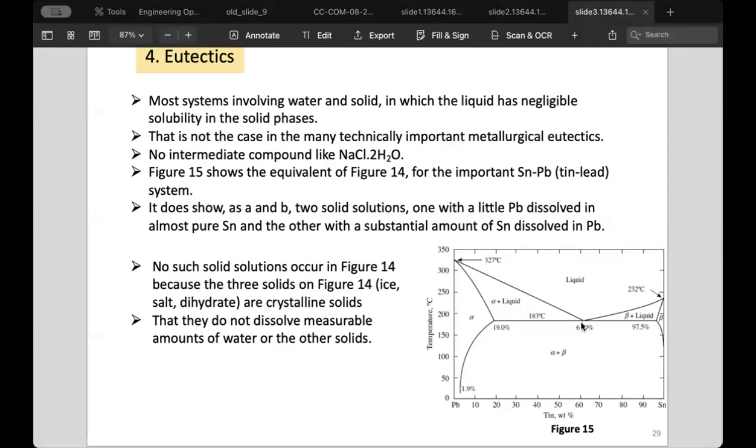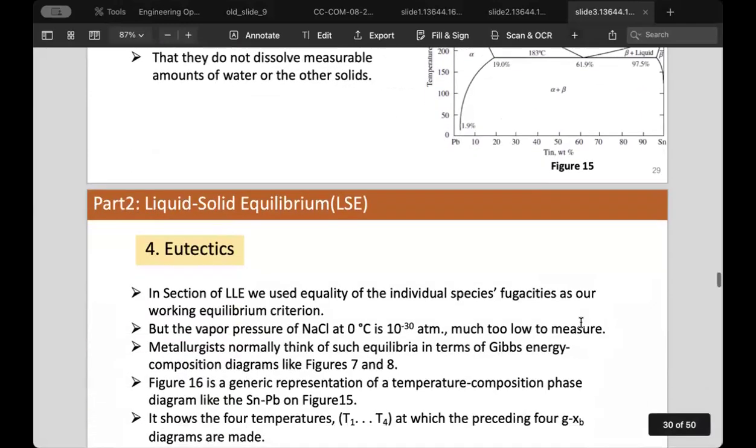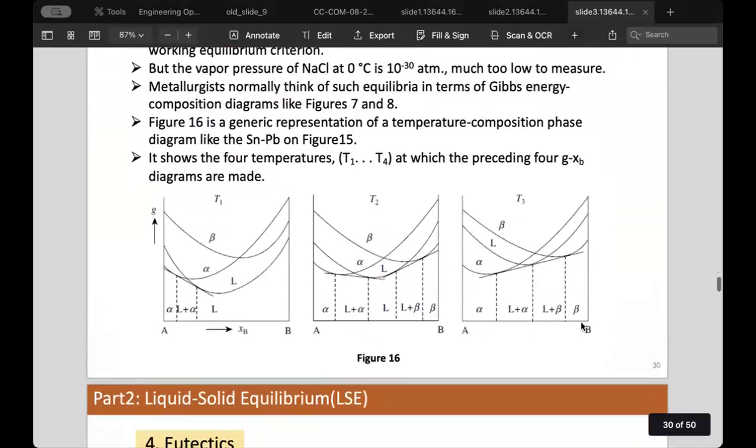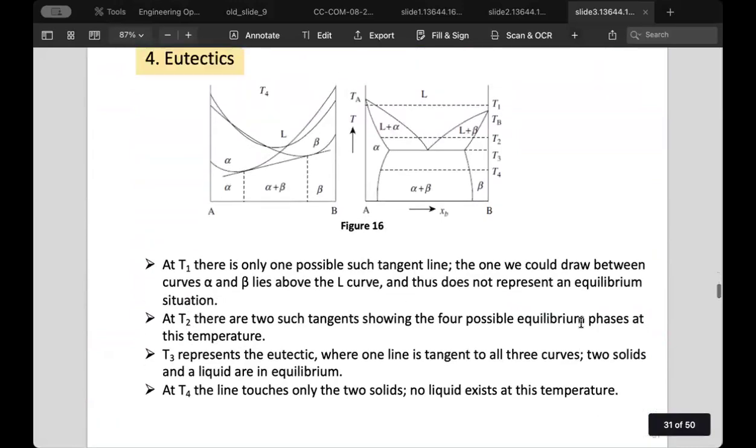If you use pure metal, you need a very high temperature. But if you work with eutectic, you don't need such a high temperature. You heat it until it reaches that melting point, and you can melt it. Yes, eutectic.